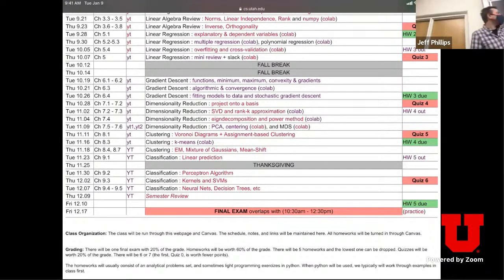Then we're going to generalize this to kernels and SVMs. Next week, these are going to be a more powerful way of doing linear classification. And then finally, in the last lecture, we'll get into things like neural nets and decision trees, and give you a taste of the potpourri that is machine learning.